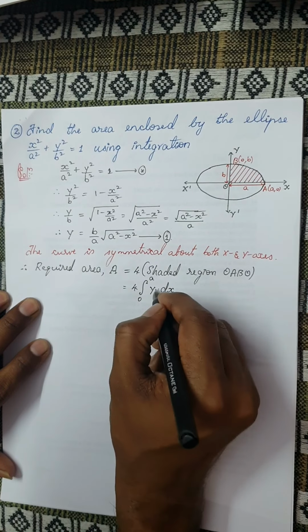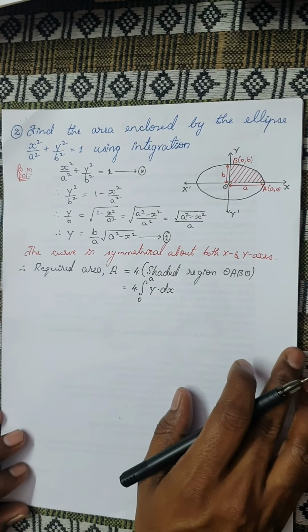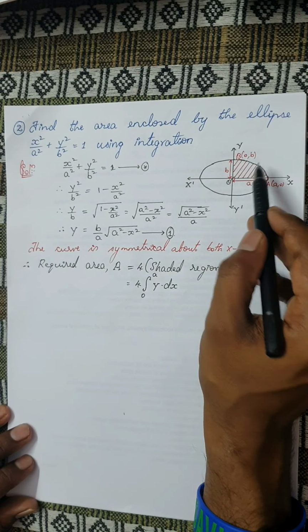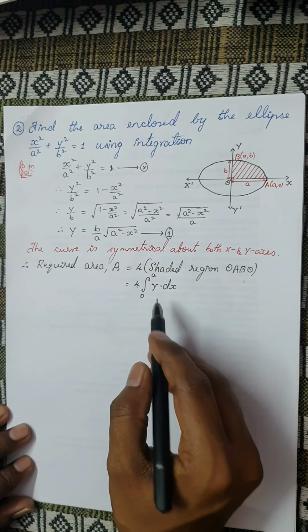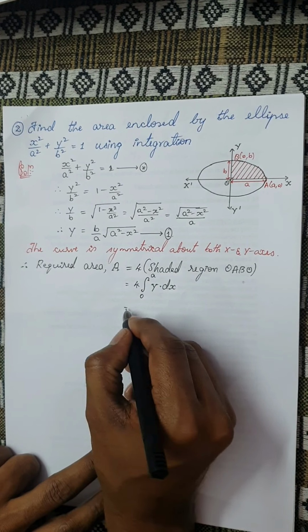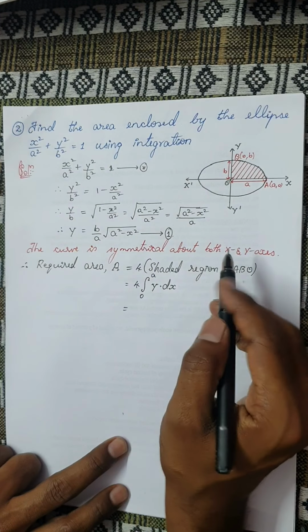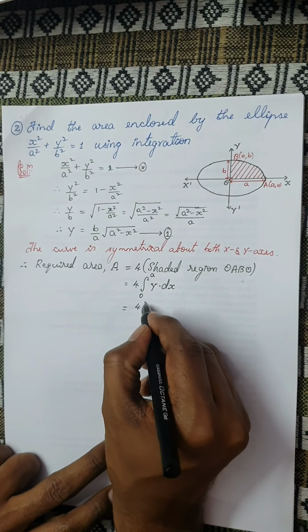Now remember students, this is a worked example in your textbook. The same question is solved with respect to the y-axis also. You can check it there. But I felt this is simpler for me, so I am trying it out along the x-axis. So this is nothing but, remember, y is nothing but b by a into root of a square minus x square. Because b by a is a constant, I am going to keep it as it is, outside.